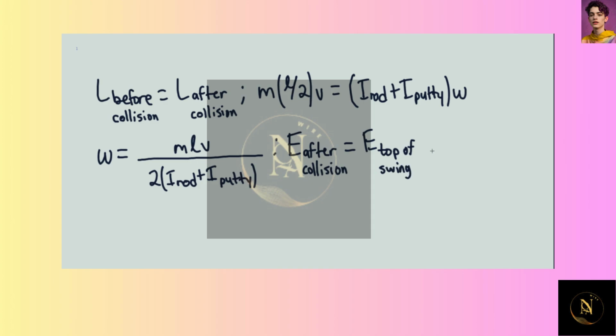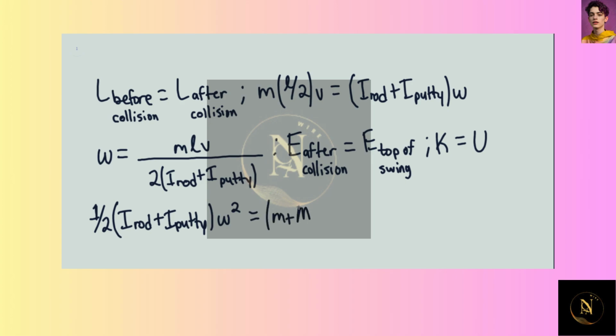And so essentially the kinetic energy after the collision will be equal to the potential energy at the top of the swing. And so we can say 1/2 times the moment of inertia of the rod plus the moment of inertia of the putty, multiplied by omega squared, which we had found previously. This would be equal to the sum of the masses multiplied by g h, where h is the height of the center of mass.